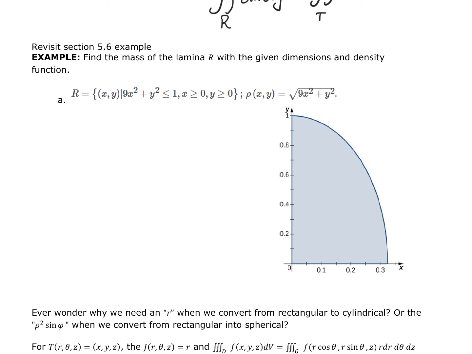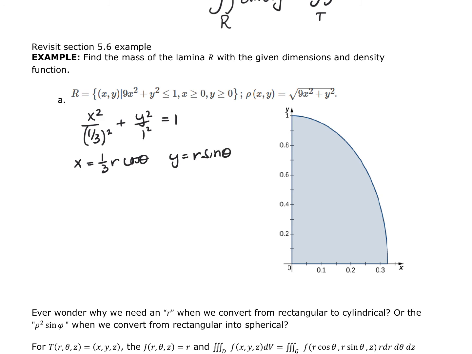So the first thing we're going to do is rewrite this as x squared divided by 1 divided by 3 squared, plus y squared divided by 1 squared is equal to 1. That means x must be equal to 1/3 r cosine theta, and y is equal to r sine theta.